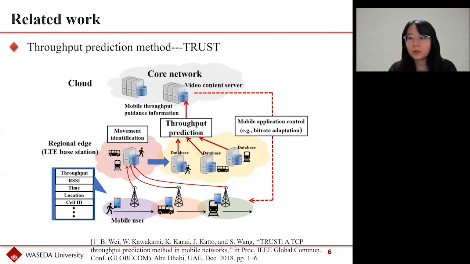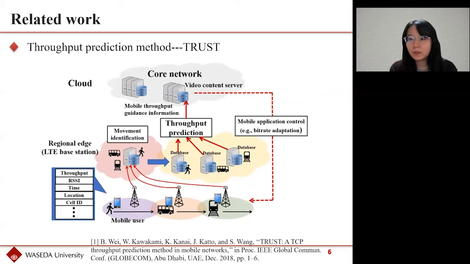In our former work, a TCP throughput prediction method in mobile networks called TRUST was proposed. As shown in this figure, in the former research, the communication data, including throughput, RSSI, time, location, and cell ID, are collected, and they are used for movement pattern identification.